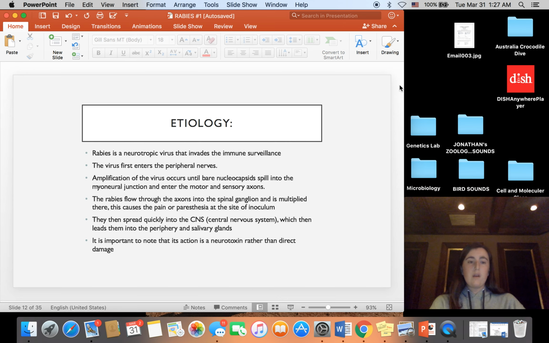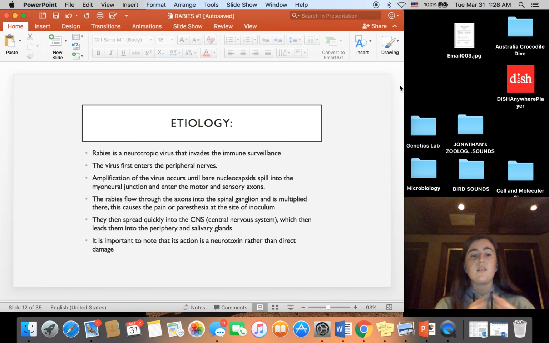So for etiology, rabies is a neurotropic virus that evades the immune surveillance. The virus first enters the peripheral nerves, and then amplification occurs until bare nucleocapsids spill into the myoneural junction and enter the motor and sensory axons.